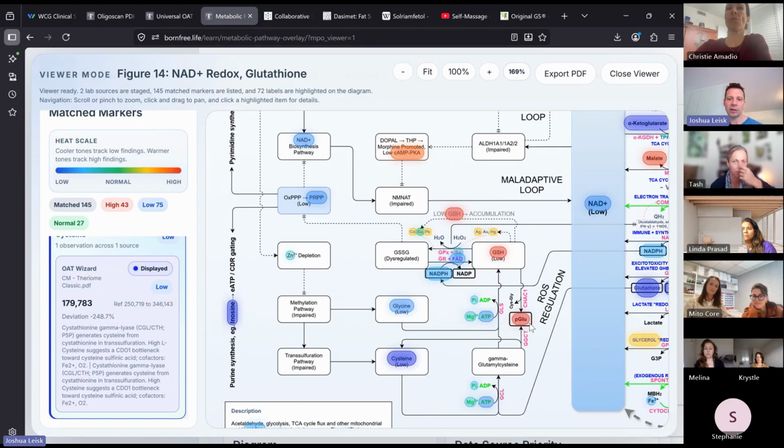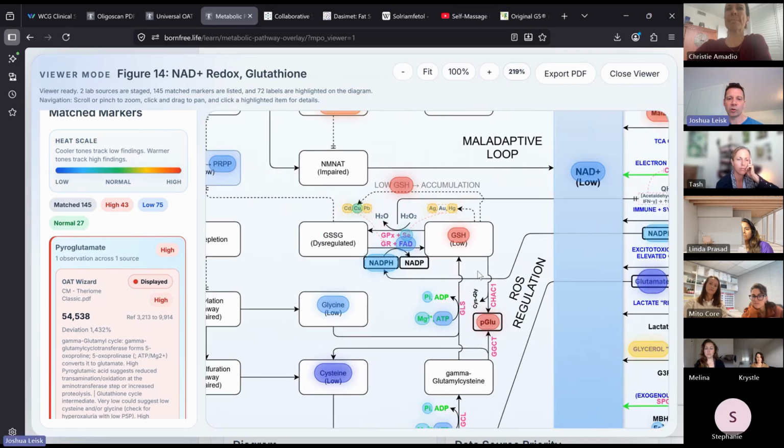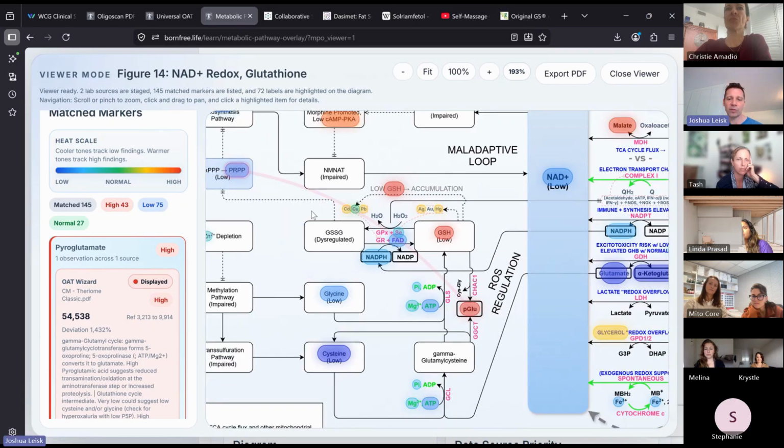You'll see little hints of this when you're looking at, say, a Mosaic or other organic acids tests. You might get a classic alarm bell like the pyroglutamate levels being high, which is the overflow when the glutathione metabolism is impaired.